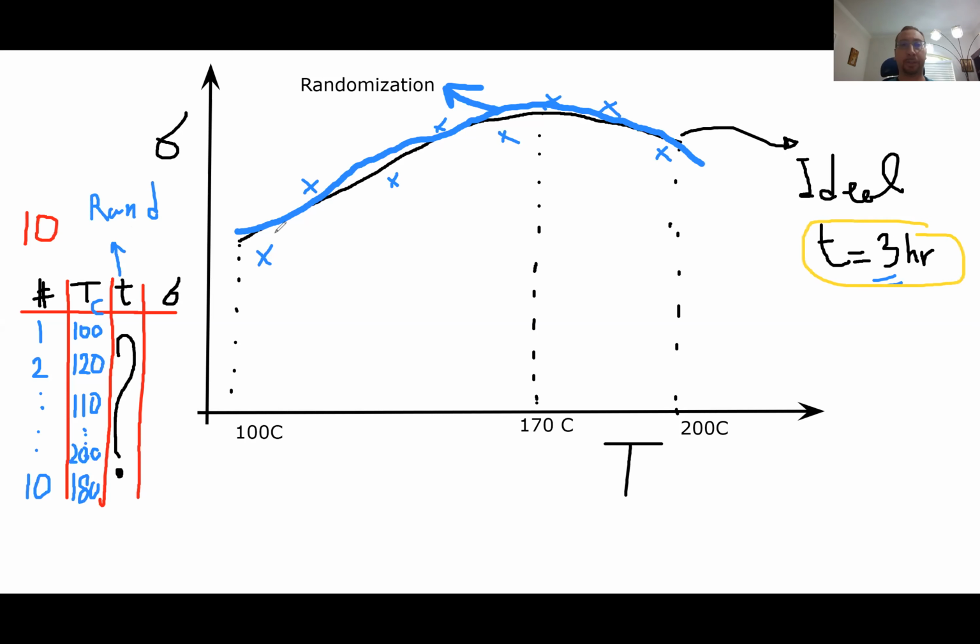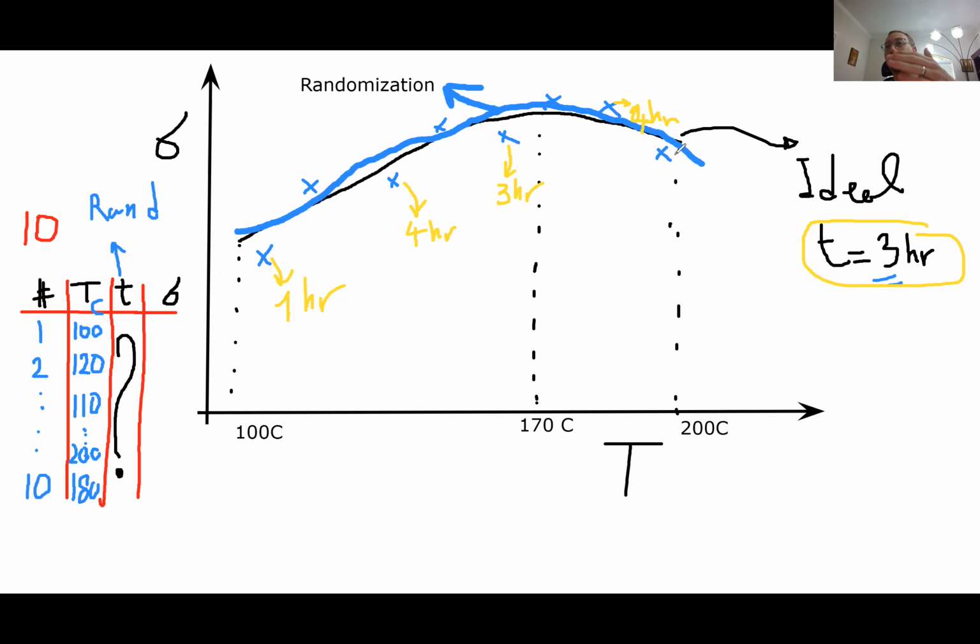One of them could be, for instance, 1 hour. This could be 4 hours. This could be 3 hours. This could be 1 hour, 2 hours, something like that. In all of them, this is randomly distributed time.